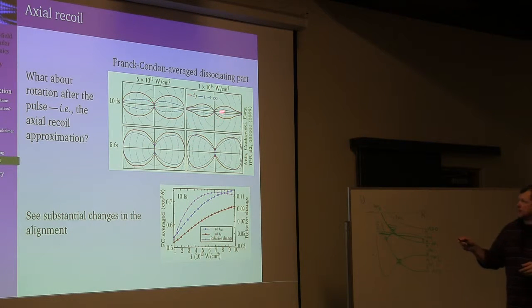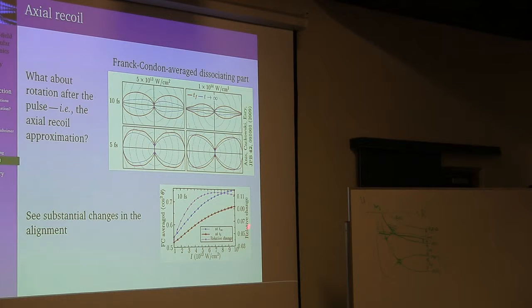If you quantify that by calculating the alignment, which is calculating the width of this distribution, that's just the expectation value of cosine squared theta, then you can see down here as a function of intensity, the relative change, which is the pinkish purplish circle one, the relative change in cosine squared theta from the end of the pulse to infinity gets up to about 10%.